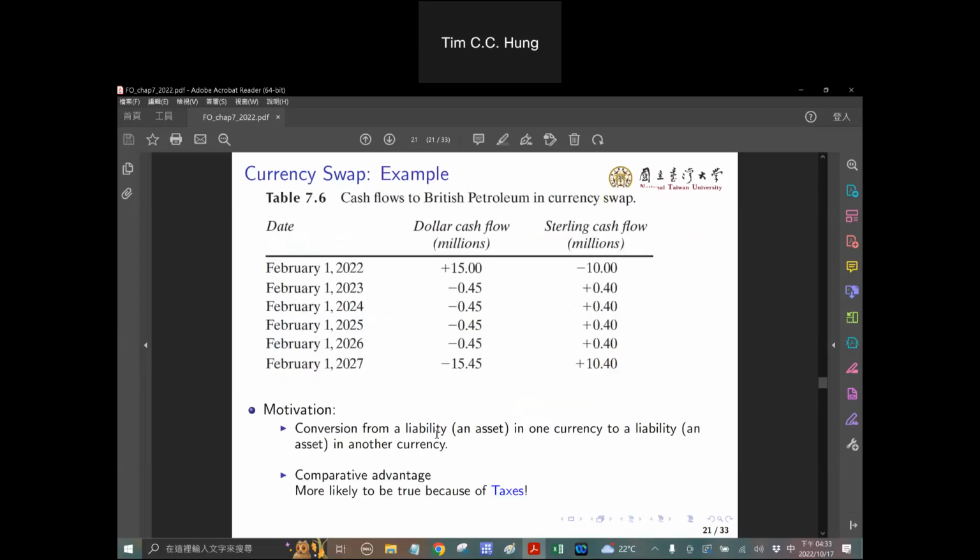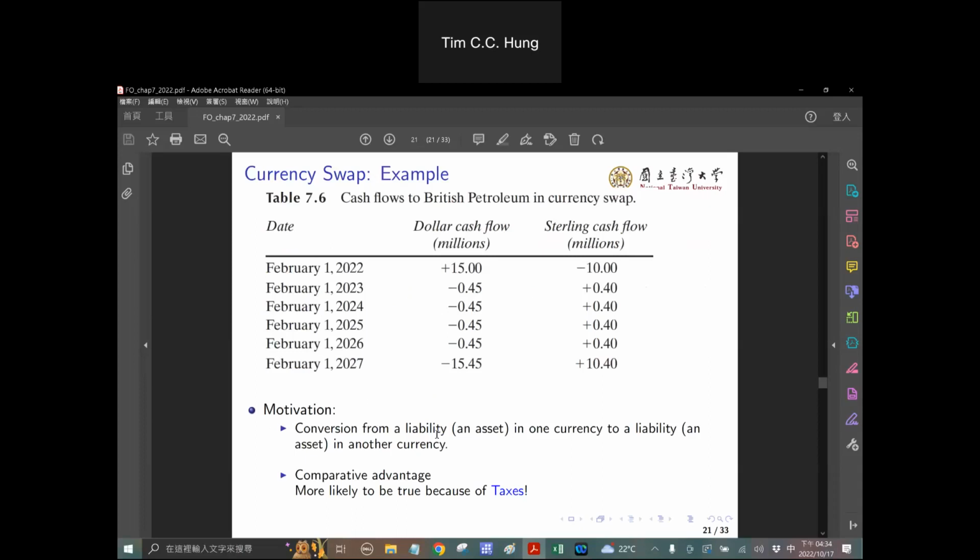So 3% of the 15 million US dollars, which is $0.45 million, is an outflow every year on February 1st, 2023, then 24, 25, 26, and 27, for 5 years. The 10 million pound was paid to our counterparty at the beginning, and then every year we're going to receive 4% of this 10 million pound, which is 0.4 million UK pounds.